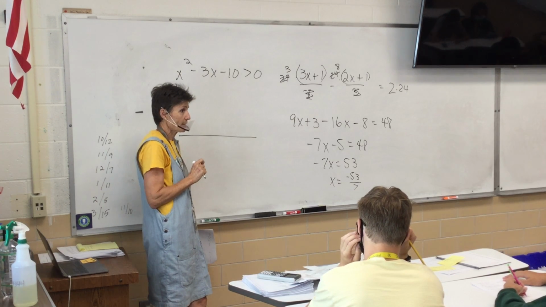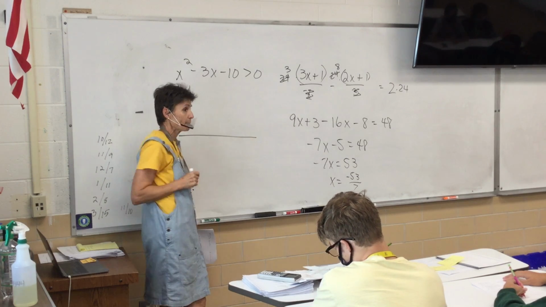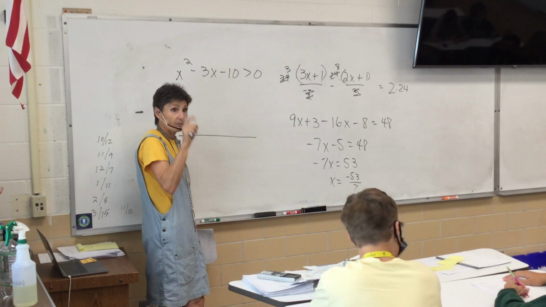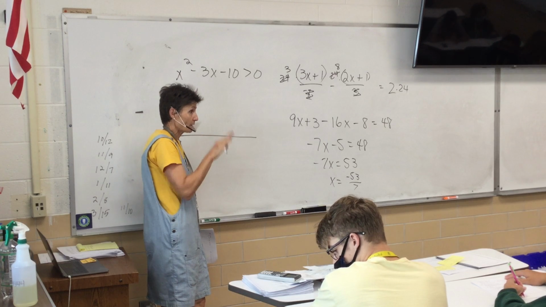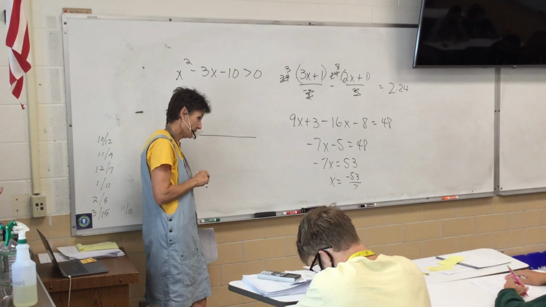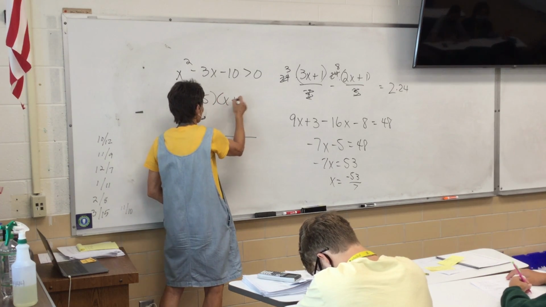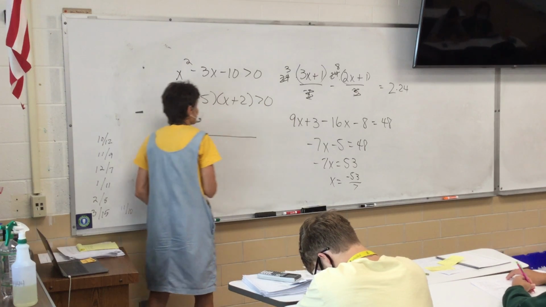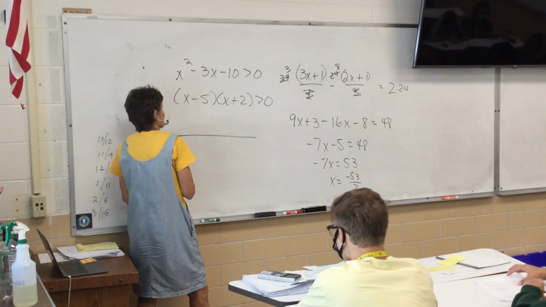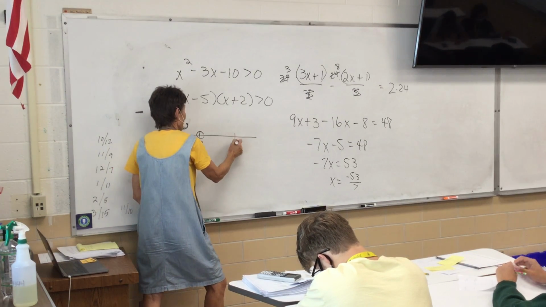I have to do something here to figure out where to put the dots. Anybody have an idea what I might do with that problem? I could factor it. Those of you that are anti-factoring, you could also use the quadratic formula. But this is an easy factor, so I'll go ahead and factor it. And that tells me my dots go at negative 2 and 5.